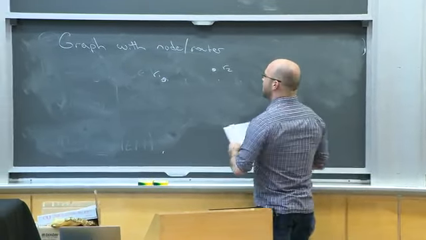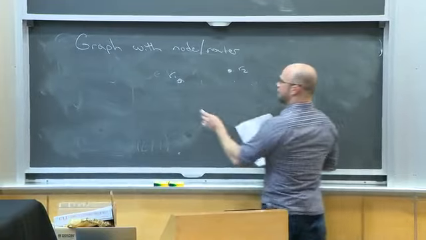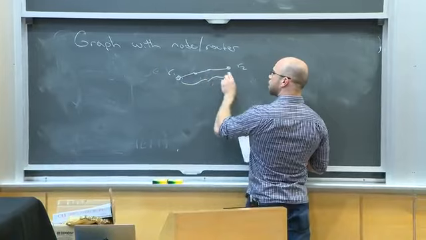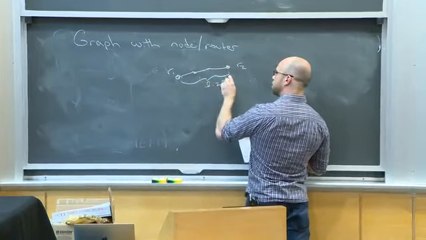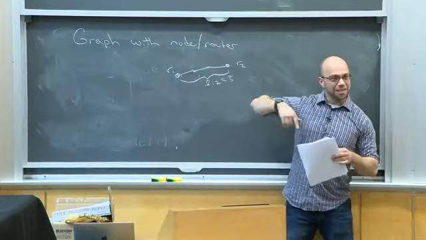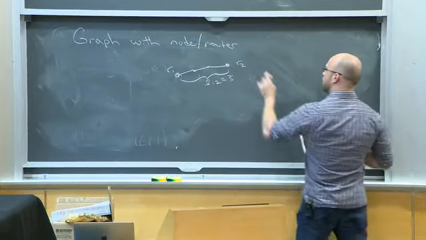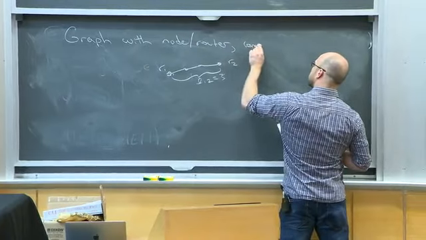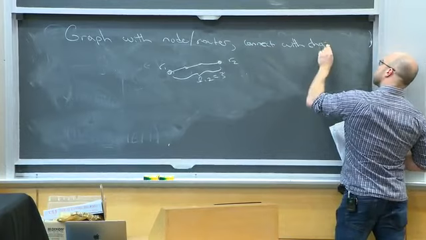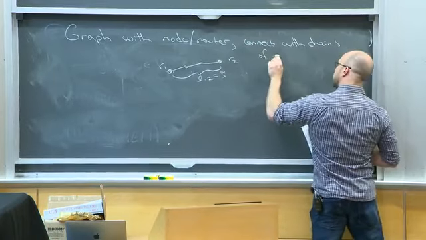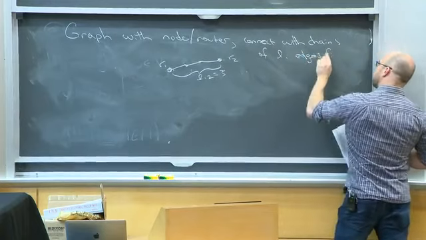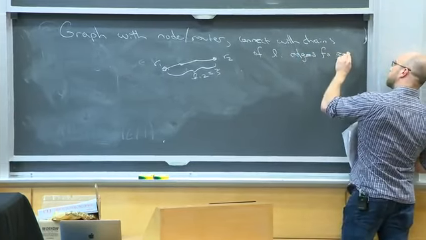Except now I'm additionally going to have little chains. So here maybe the length L12 is equal to 3, so I'm going to put 3 edges in between. In other words, I'm going to connect them with chains of L edges for each wire.